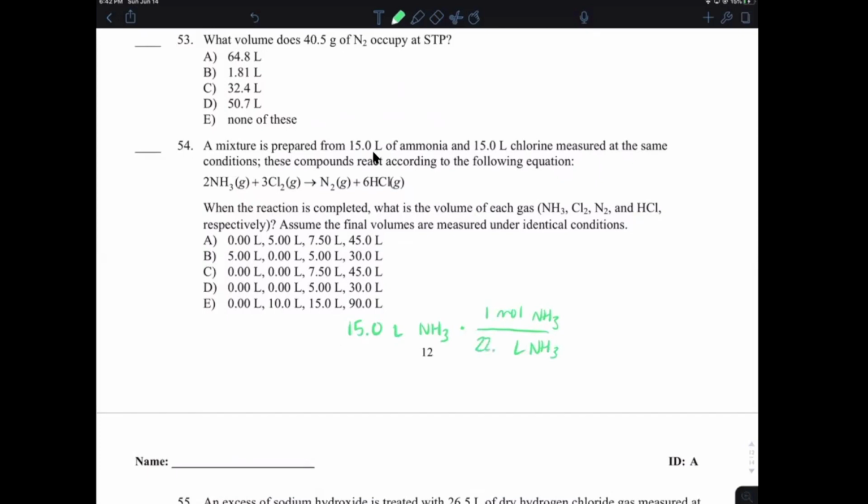Right, 22.4. Okay, so we start out with the same amount of ammonia and the same amount of chlorine gas. Let's see how much chlorine would be needed. For 2 moles NH3, we would need 3 moles of chlorine gas.